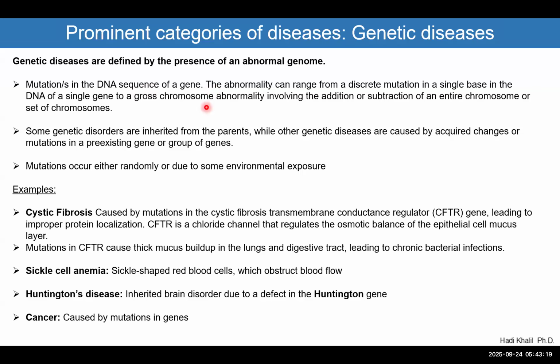So you would have a change of a small chunk of the chromosome: an addition of a small part of a chromosome to another, or a subtraction. So you lose part of that chromosome, or you could lose the entire chromosome. So the genetic diseases range from that single mutation to the loss of the entire chromosome.